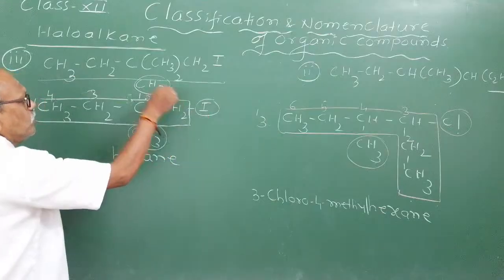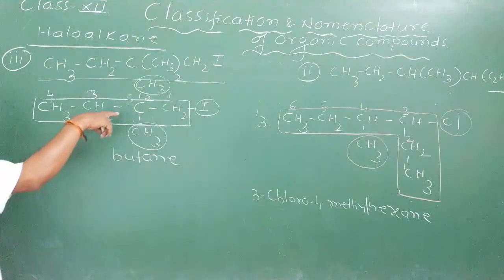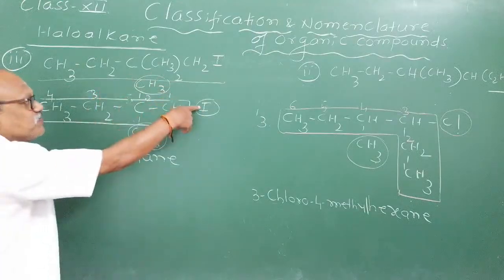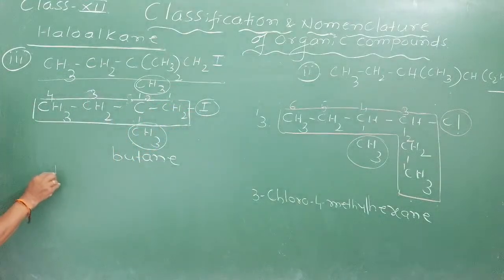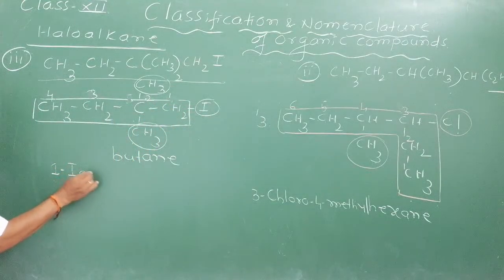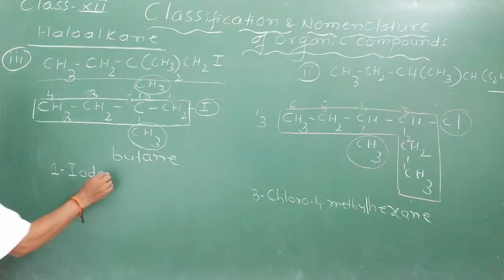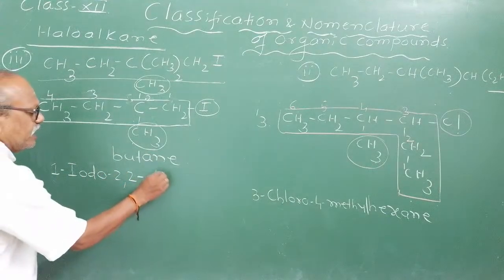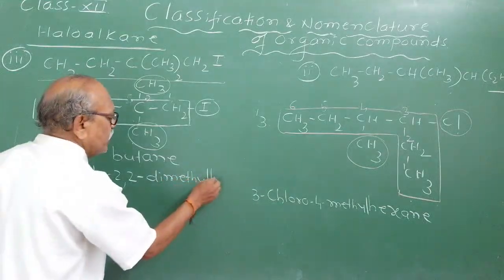Among iodo and methyl, which one comes first alphabetically? E, F, G, H, I, J, K, L, M. I comes first. Therefore, it should be 1-iodo-2,2-dimethylbutane.